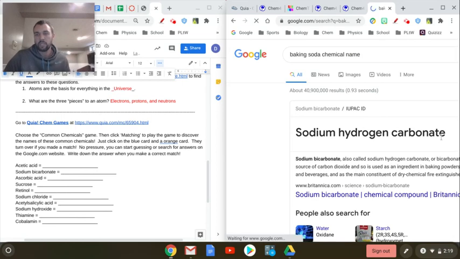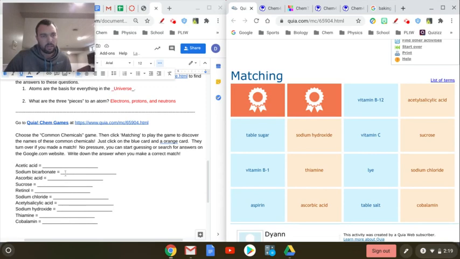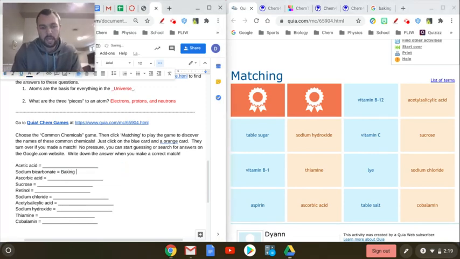Sodium hydrogen carbonate. Sodium bicarbonate. That's the closest thing I can find. So I'm going to try to match those two things, and I got it. So sodium bicarbonate is baking soda.